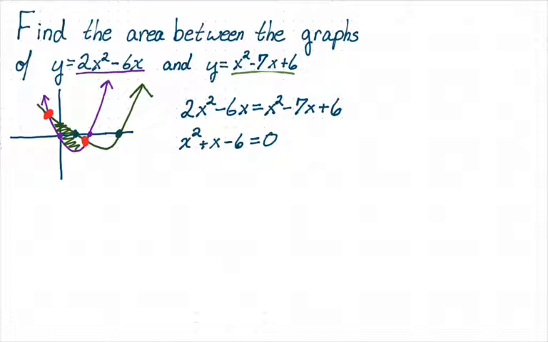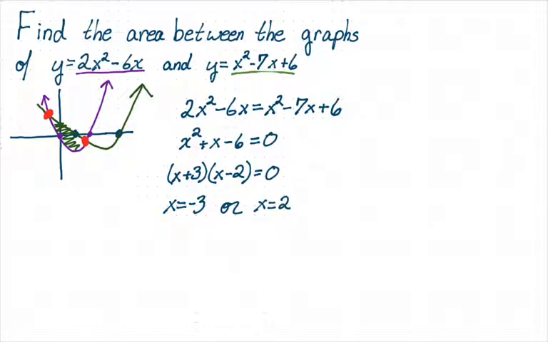This factors as x plus 3, x minus 2. So one of the points, the one on the left, is negative 3. And the other point is x equals positive 2.